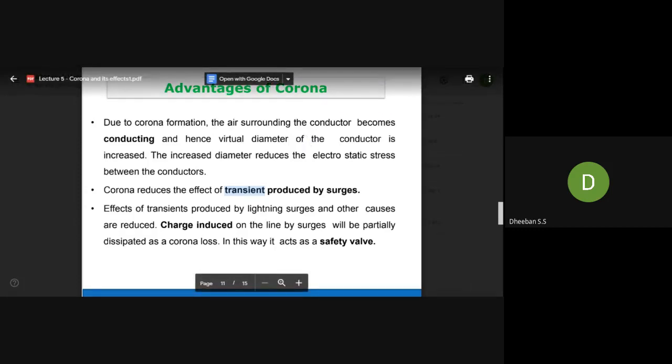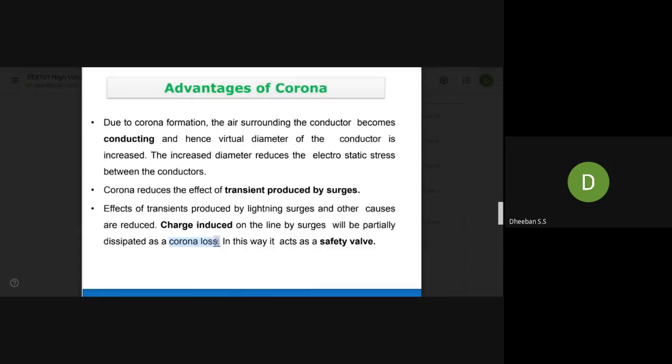That's called a transient, and after some time it settles down. Due to this corona effect, the effect of the transient is minimized. The next point: the transients produced by lightning surges and other causes are also reduced. Charge induced on the line by surges will be partially dissipated as corona loss.